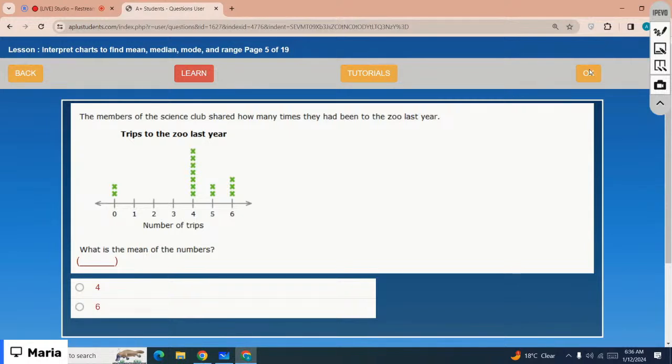The members of science club shared how many times they had been in the zoo last year. What is the mean of the numbers? So, which is the correct option? You have to calculate the mean. Calculate the mean and write the answer in the chat box.